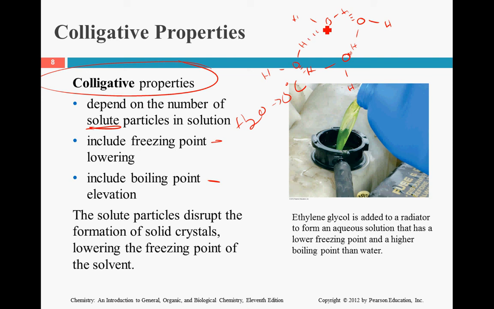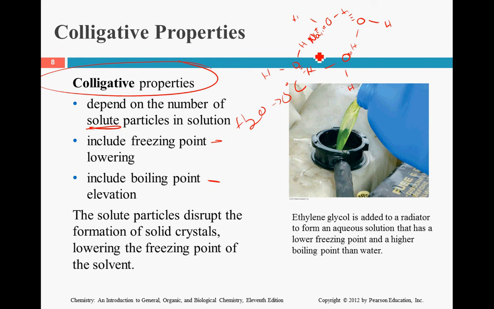Well, when you have an ion in there or some other compound in there, what happens is if we put salt, that interrupts that formation of the attraction. So this oxygen will be more attracted to the sodium because it has even more of a positive charge than the hydrogen does.